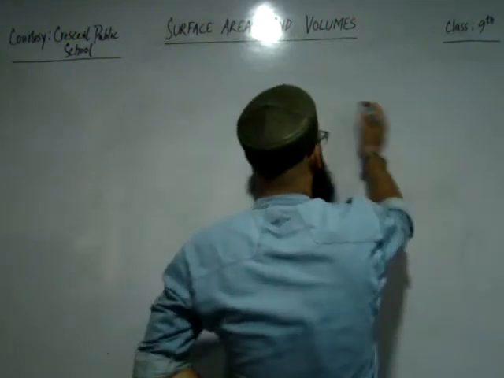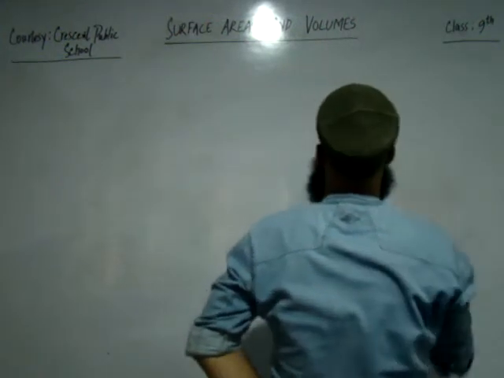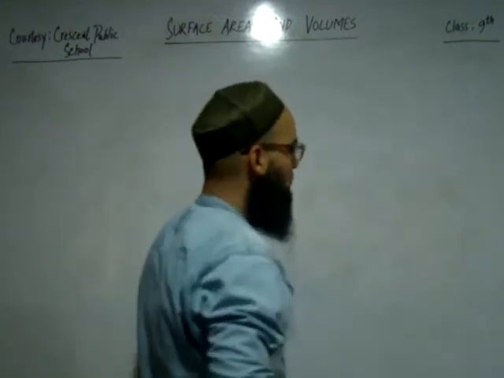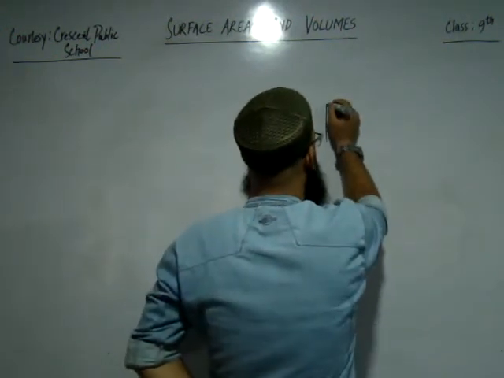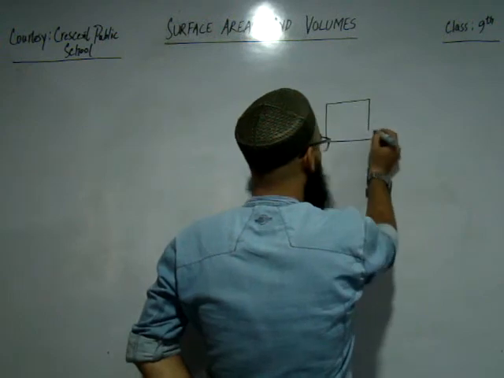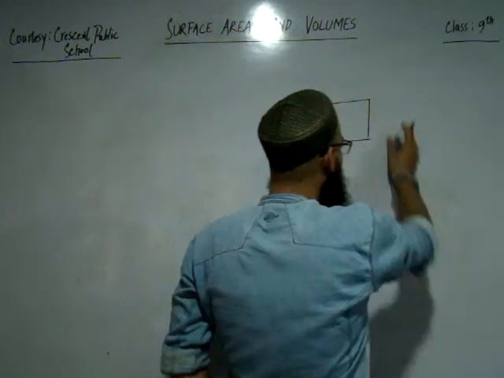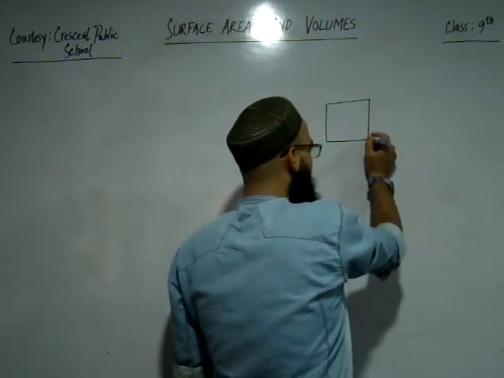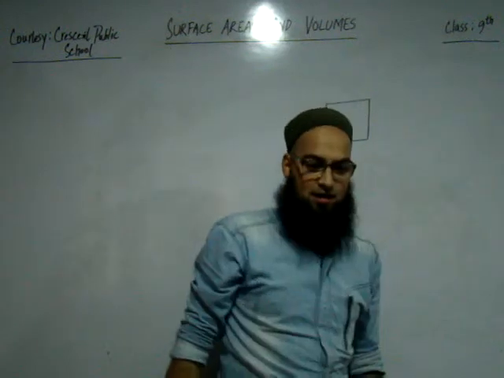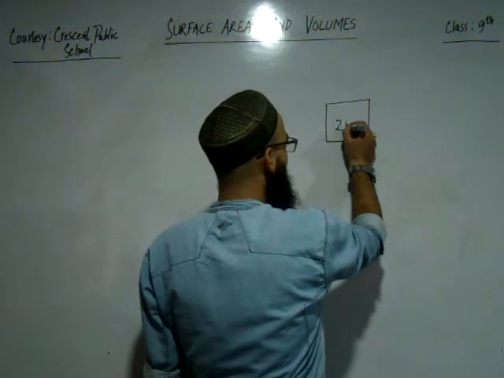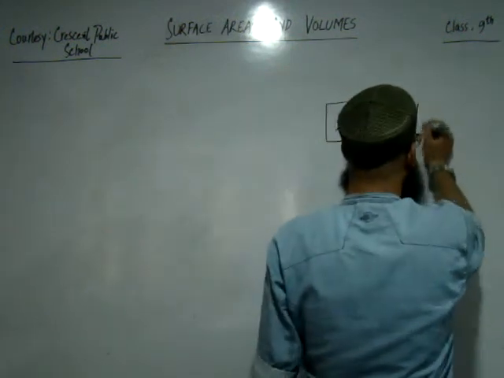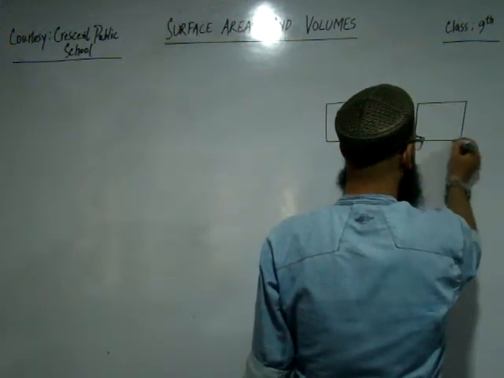You know, you have two types of figures. Number one, we have two-dimensional figures, which we say 2D, and we have three-dimensional figures.